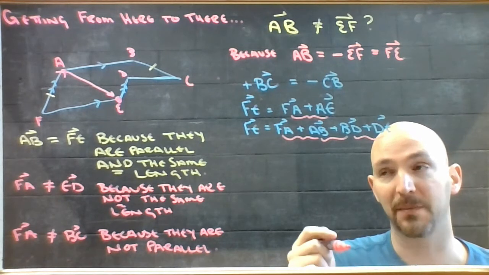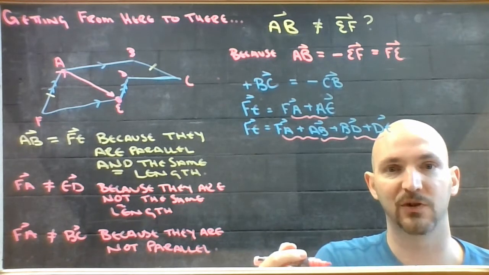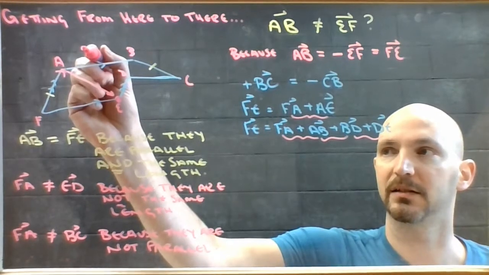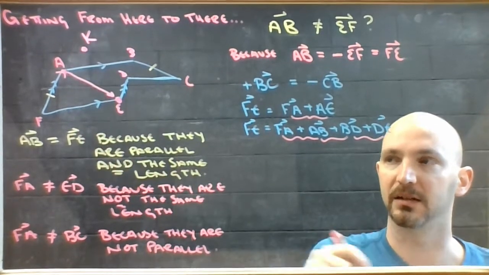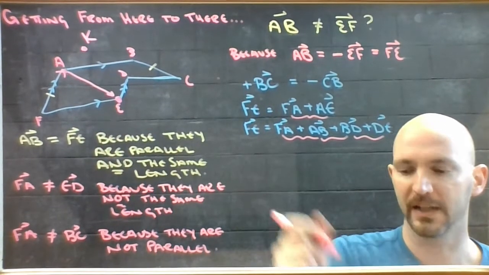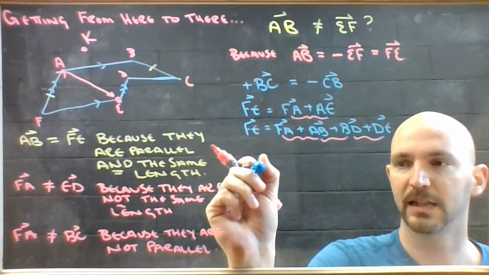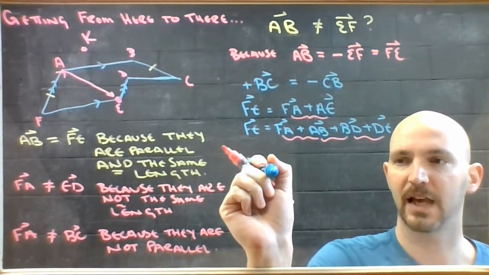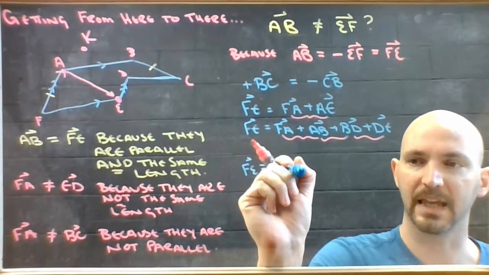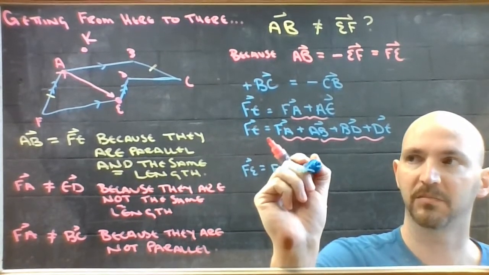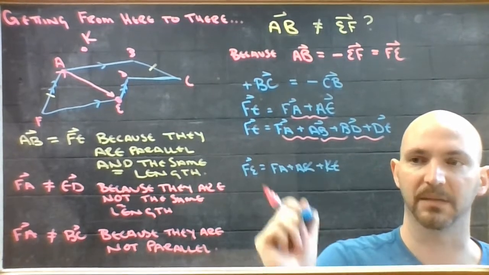And there's nothing stopping me even from inventing a new random point like K up here. So I could do F to E is the same as F to A plus A to K plus K to E, maybe.